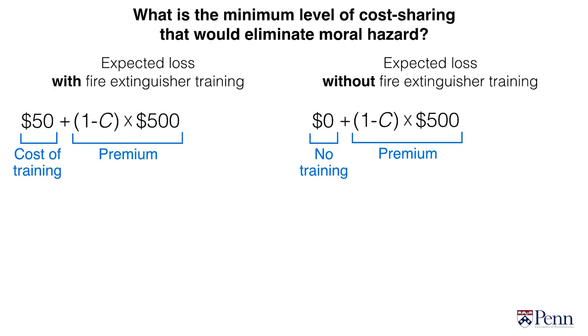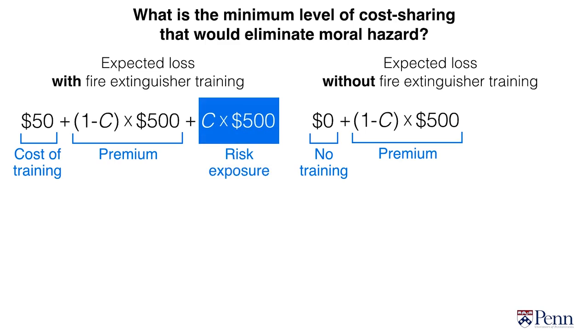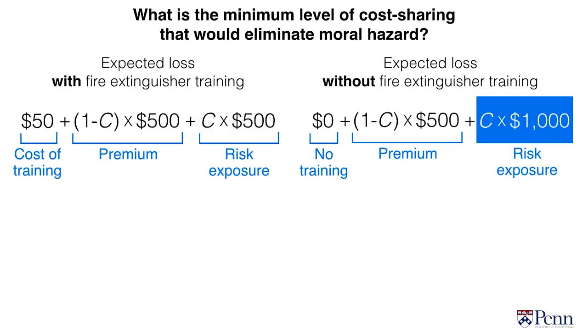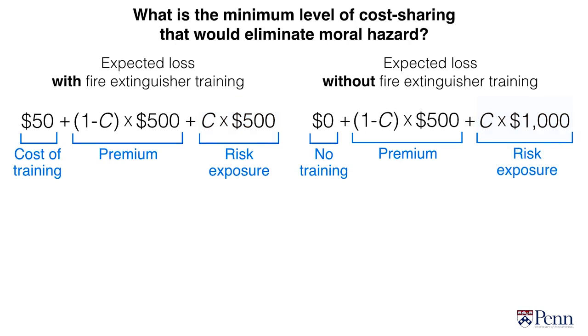So if he trains his employees, his expected loss or risk exposure would be C times $500. But if he does not train his employees, his expected loss would be C times $1,000. So what level of co-insurance rate makes the owner's expected loss with training lower than the expected loss without training?